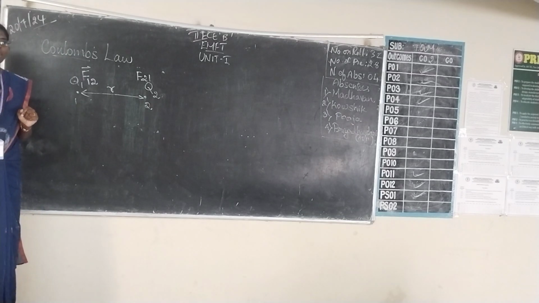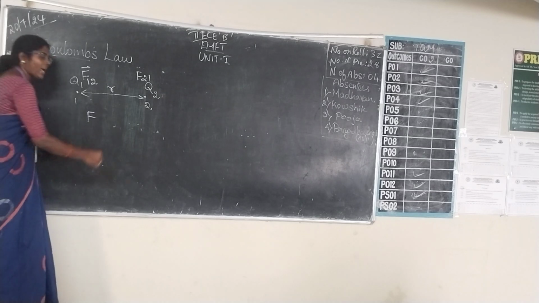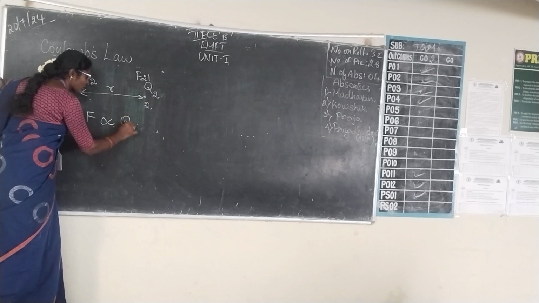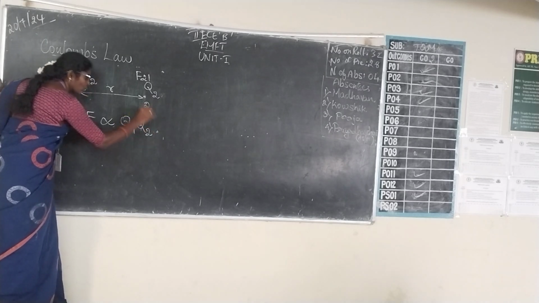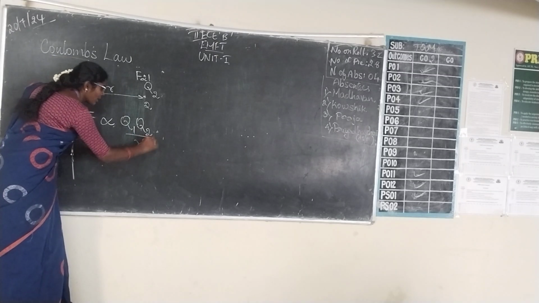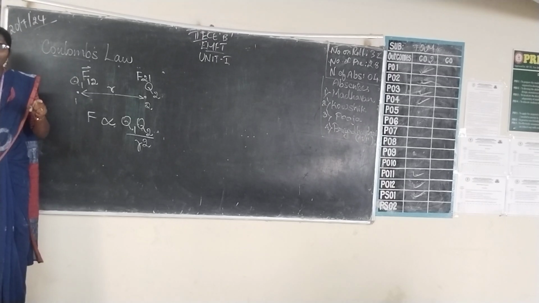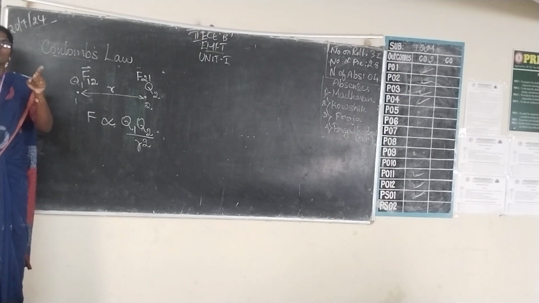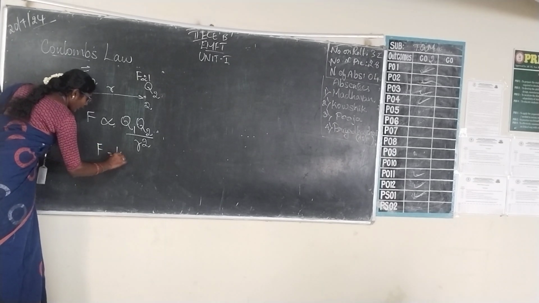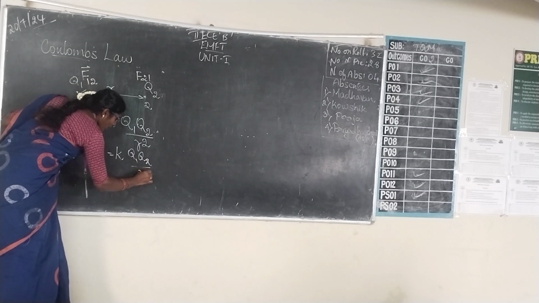So from the statement now we can define it, right? The force experienced is directly proportional to the product of the two point charges Q1 Q2 and inversely proportional to the square of the distance between them. Okay. In order to remove the proportionality, what will we do? We introduce the proportionality constant K. So F is equal to K Q1 Q2 by R square.